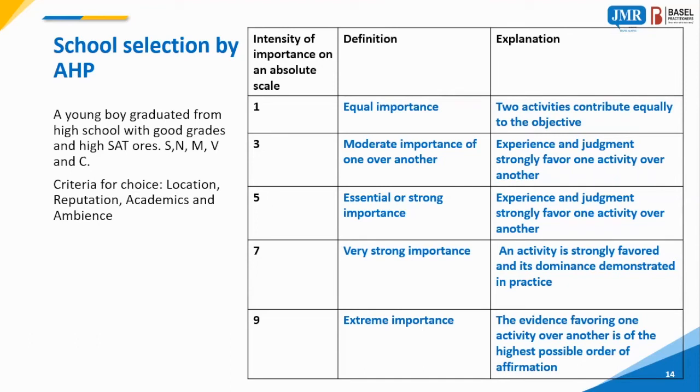And this was the problem he was trying to solve: I have 5 universities, and I have to get admitted to 1 university. Where should I get admitted? You have got admitted to 5 IIMs, so which IIM should you select? What are the criteria of your selection?